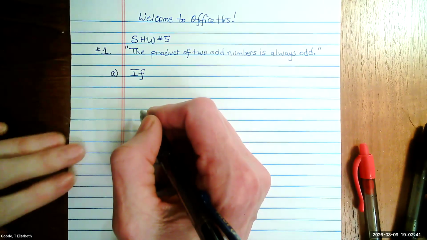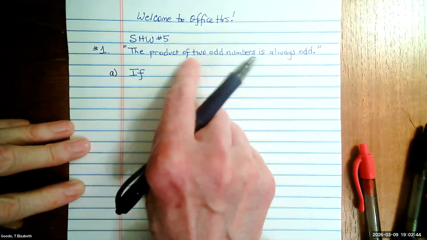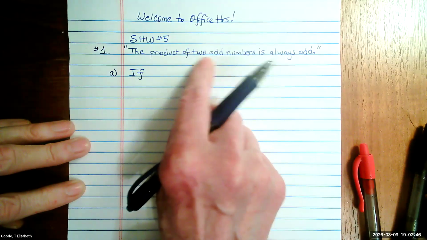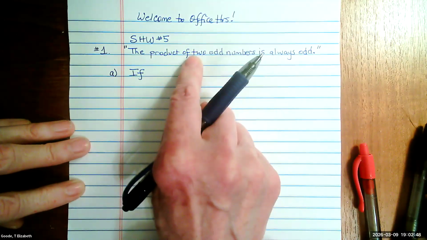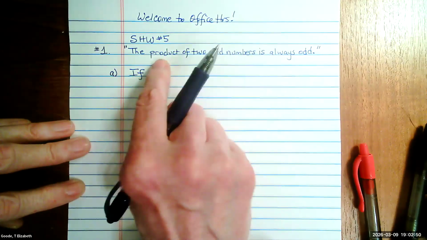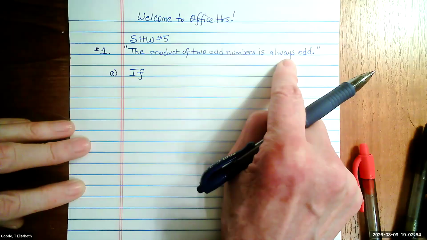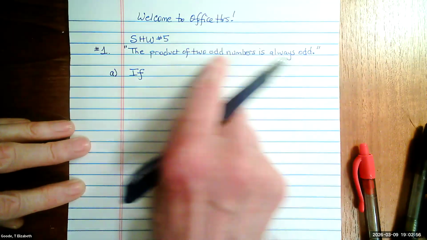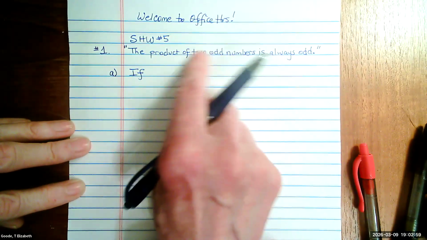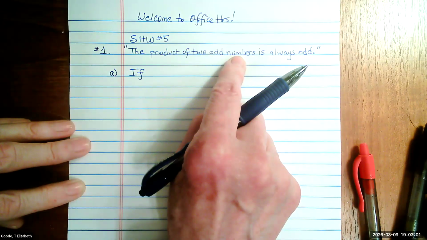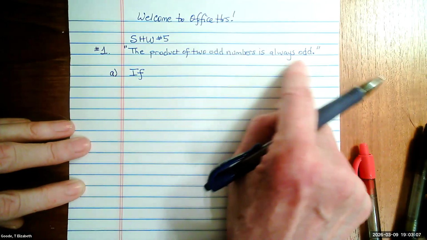Okay, I'm glad you asked. It's talking about having two odd numbers, and then when we have two odd numbers, their product is also going to be odd. So it's saying if we start with two odd numbers, R and S, then their product, RS, is odd.